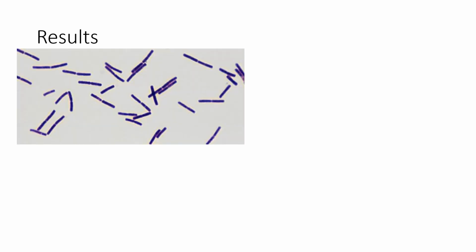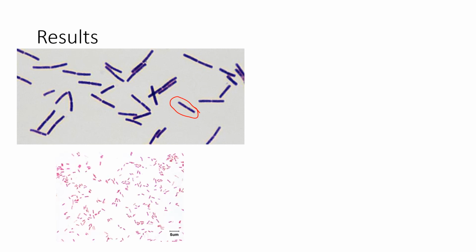For the results, if your cells are gram positive, meaning that they have that very thick layer of peptidoglycan, the cells should appear a dark purple or sometimes blue depending on the intensity of the light. Gram negatives should appear pink or red, again depending on the intensity of the light.